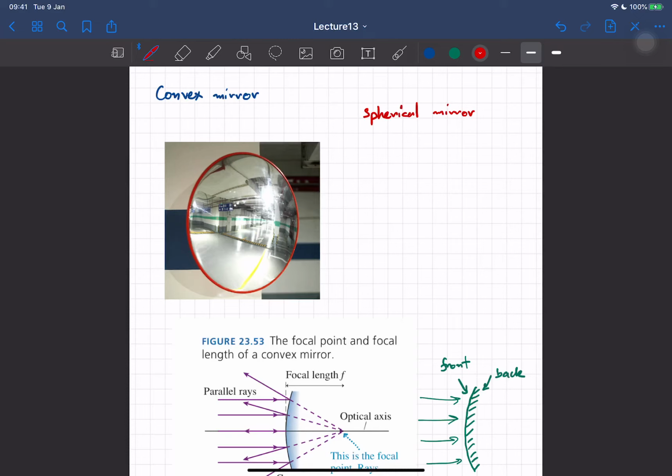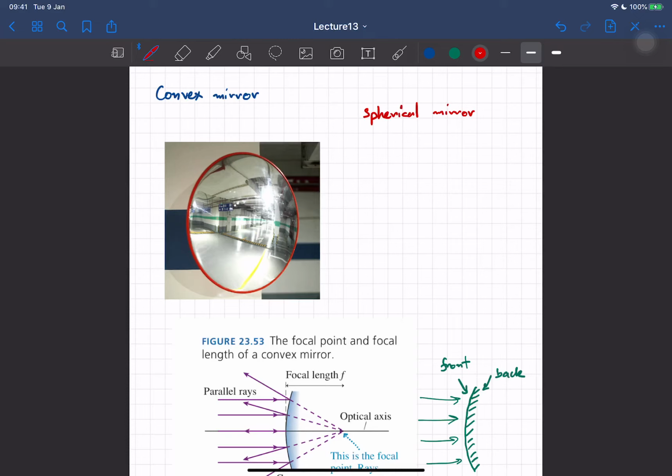Like when they construct telescopes, sometimes they use curved mirrors, and they can shape the mirror into a three-dimensional parabola, which is called a paraboloid. That's also possible, but that requires special equipment and a lot of money and time to make.